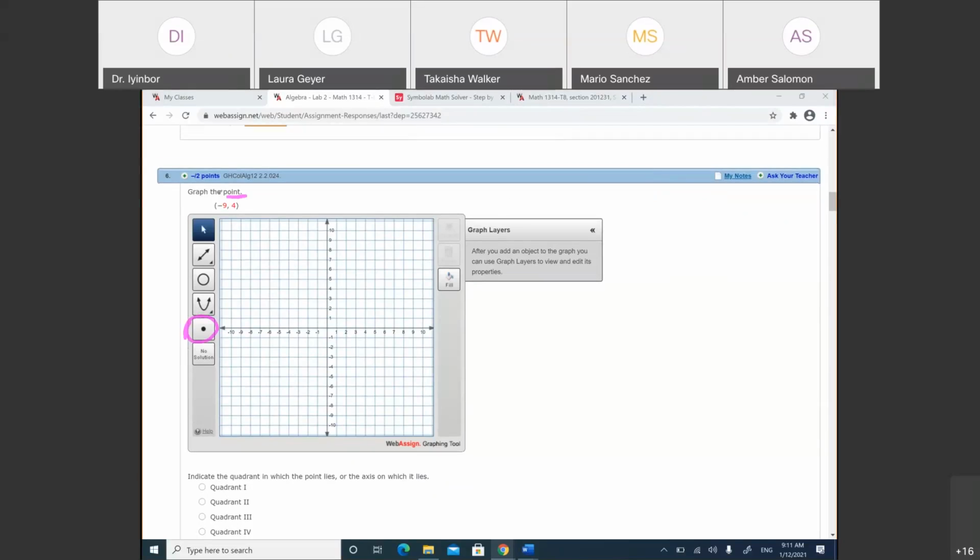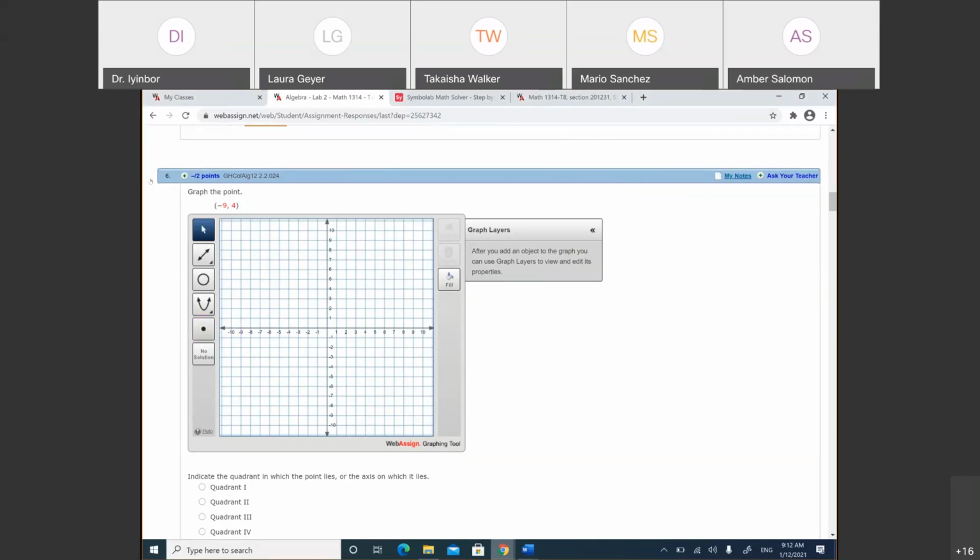That's what it says. Then I'm going to go -9 at x, and then to 4, but I'm not clicking. I'm going to see where they cross each other. This is where I'm going to click. And I'm going to do it right now.